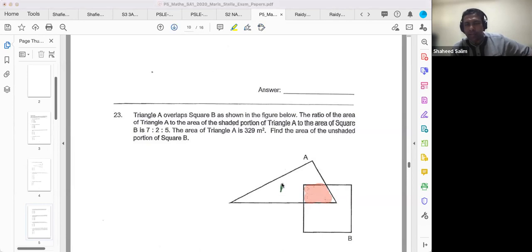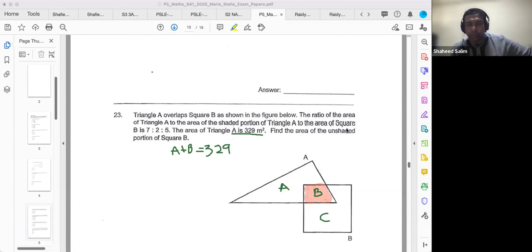I label the unshaded part of the triangle A. I label the shaded part, which is the overlap of the triangle and square, as B, and this as C. Now they tell us the area of the triangle, A plus B, is 3 to 9. Right? And that is equal to how many units?